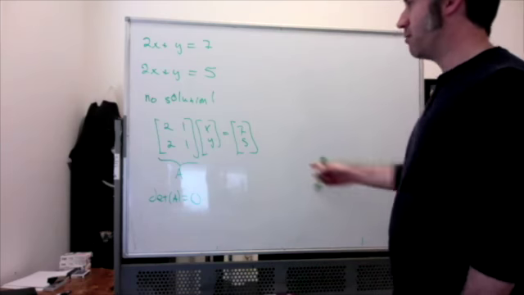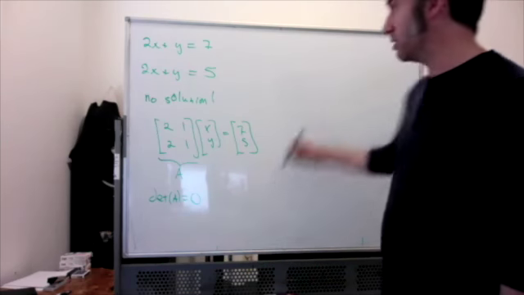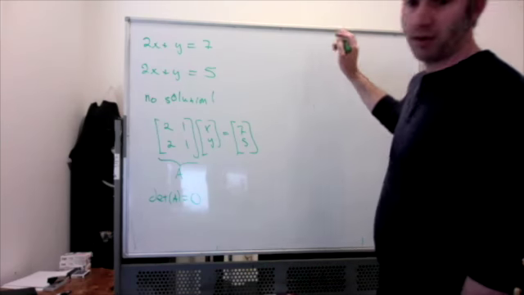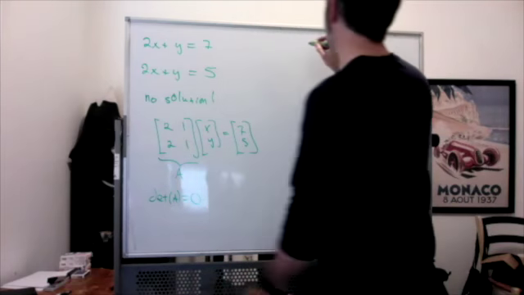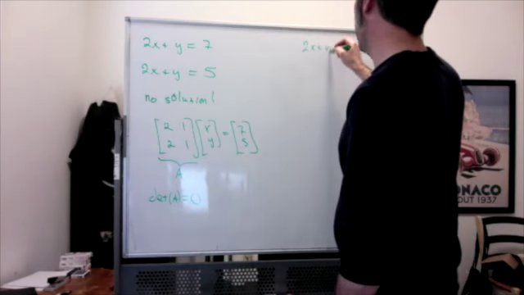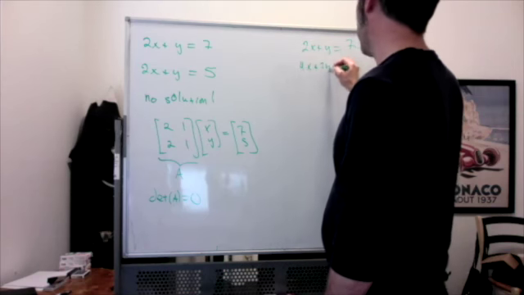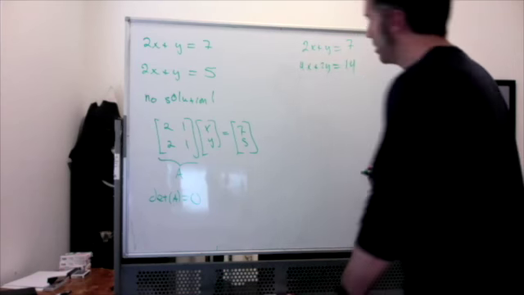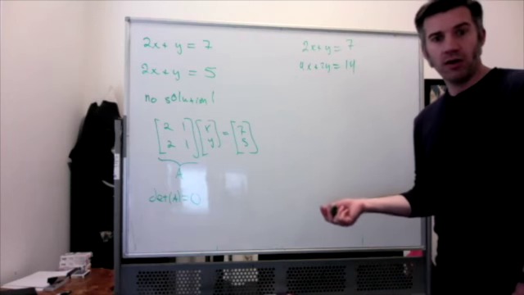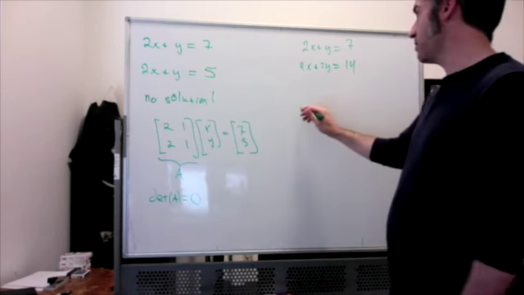Okay, but then we can also look at the equation very similarly. Let's change that a little bit. Let's say we had 2x plus y equal to 7 and 4x plus 2y equal to 14. So this is not that different.